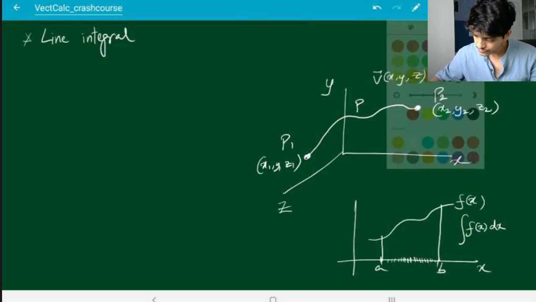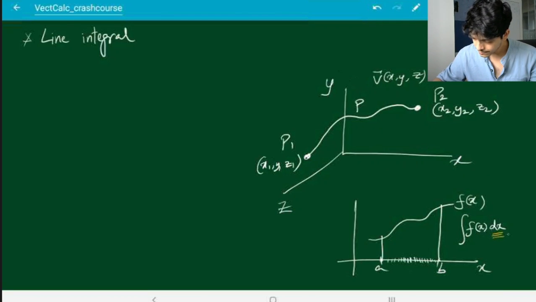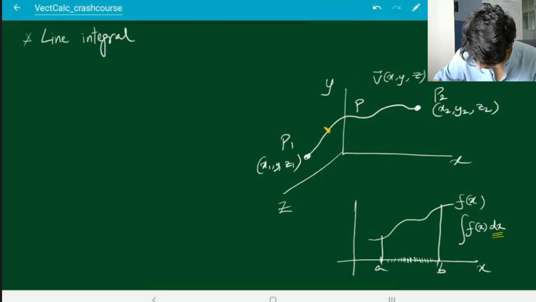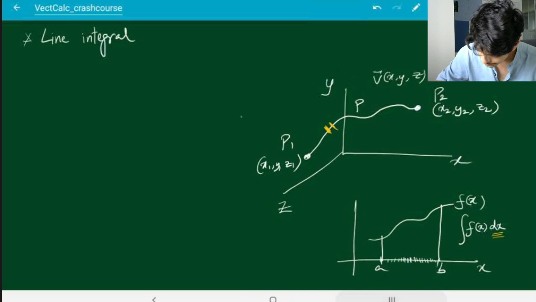So what I need to do is, first of all, I need to get this small step. So at every point on this path, I can define this small step, and let's call this step dr, which has a dx component, a dy component and a dz component.